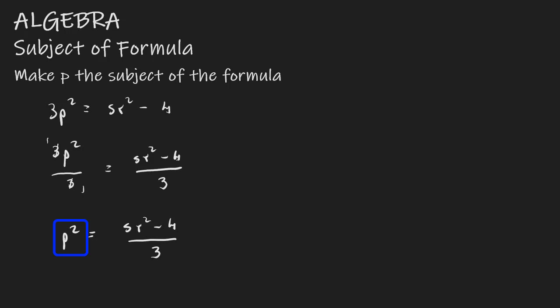My p term is squared. And in order for me to make it the subject of the formula, I need to remove the square on my p term. The opposite of squared is square root. So I need to get the square root of p squared, and that is equal to the square root of (s r squared minus 4) over 3.